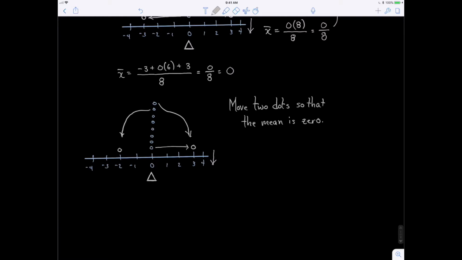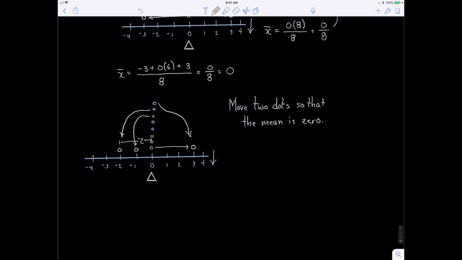Well, that gives me a dot that is now 2 units to the left of the mean. But I need a total of 3 units left. And remember, the negative just means left. So let's put this other dot down here at -1. Now I have a -2 plus a -1.